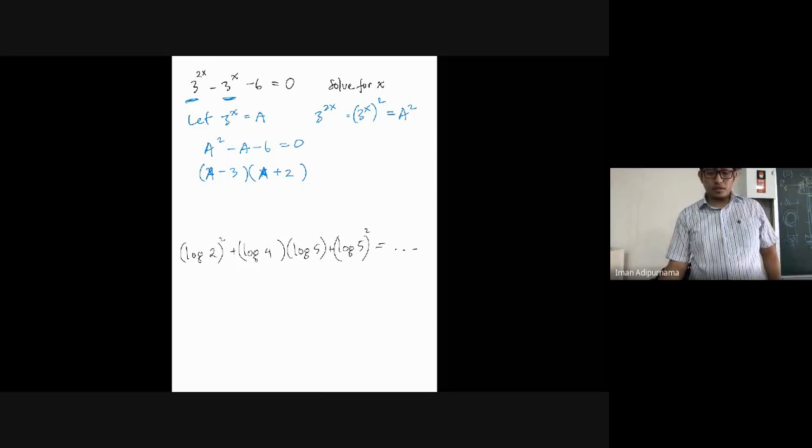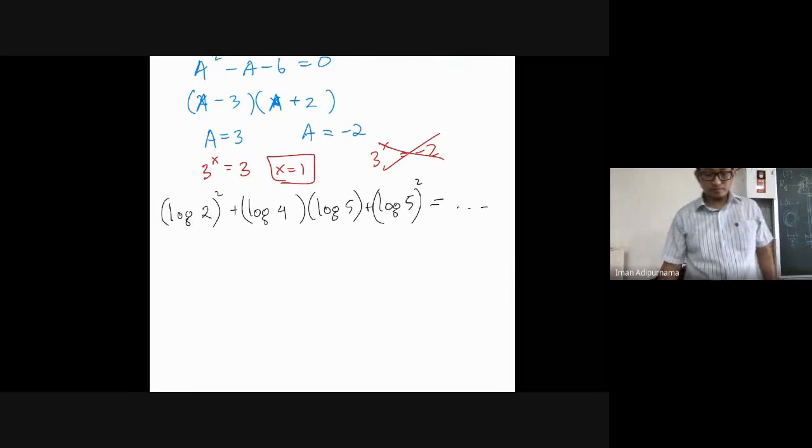So a is 3 and a is negative 2. We need to check, so we need to bring back the original equations. So a is 3 to the x equal 3, which is x is 1. And this one, it's not true. It's not possible, right? So x is 1.